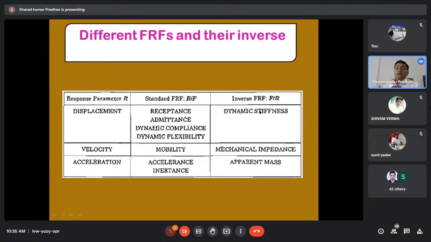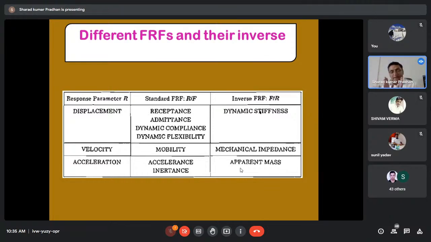All these terms are used synonymously in the literature. So don't get confused. If you take the inverse of these, you will get dynamic stiffness; the mobility inverse is mechanical impedance; the acceleration or inertance inverse is apparent mass. Many times, whenever any person starts doing research, these different words will try to confuse him.